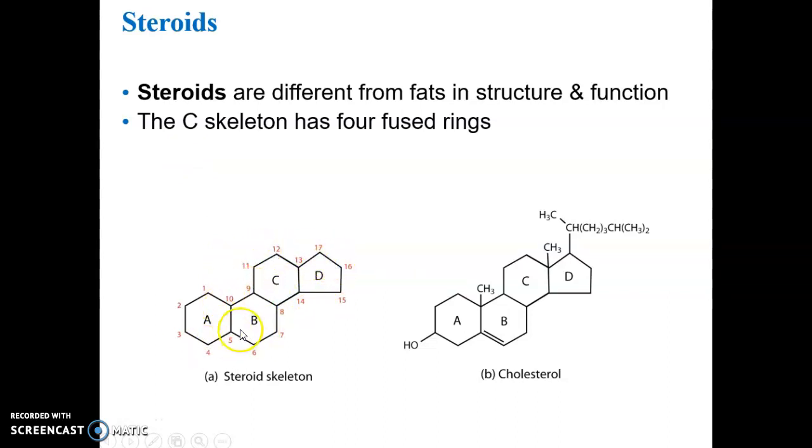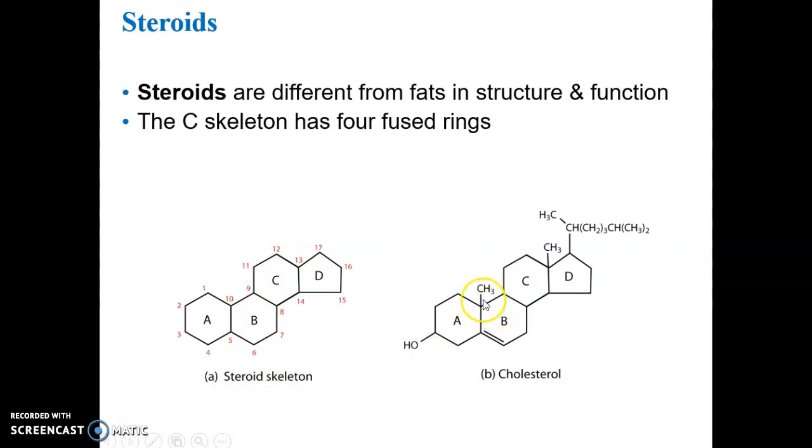This is a shortcut diagram, but at every bend or kink, there's a carbon atom. And this is not showing you the hydrogens that would be bound to all of those carbons. So this is a basic steroid skeleton, a 4 carbon ring structure.